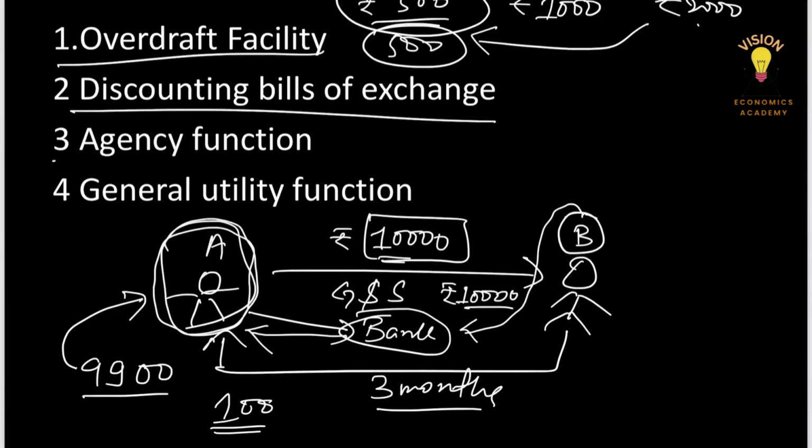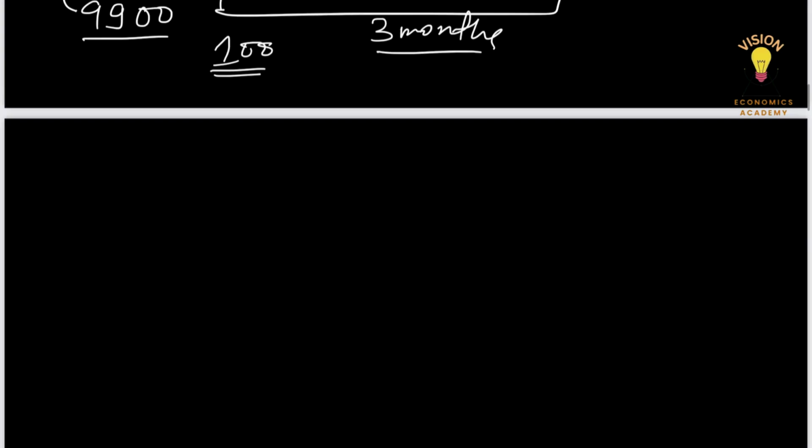So the third one is the agency function. There are various agency functions of a bank, for example transfer of funds. They transfer from one bank account to another, like demand drafts, etc. Collection and payment of various items, like they collect the check, they pay bills, interest, dividends, etc. And there is purchase and sale of foreign exchange.